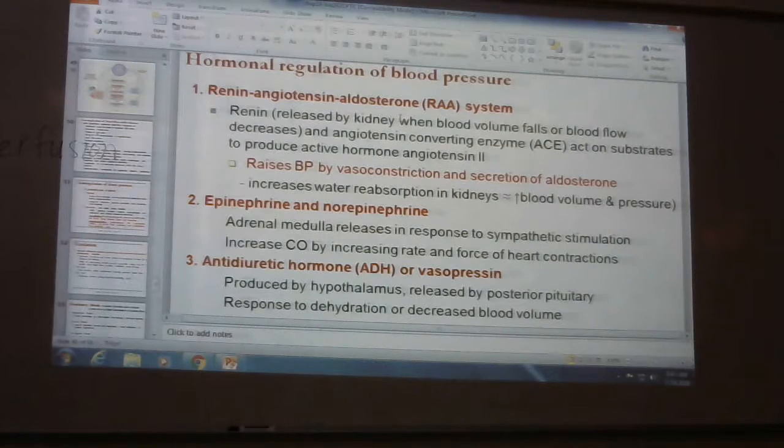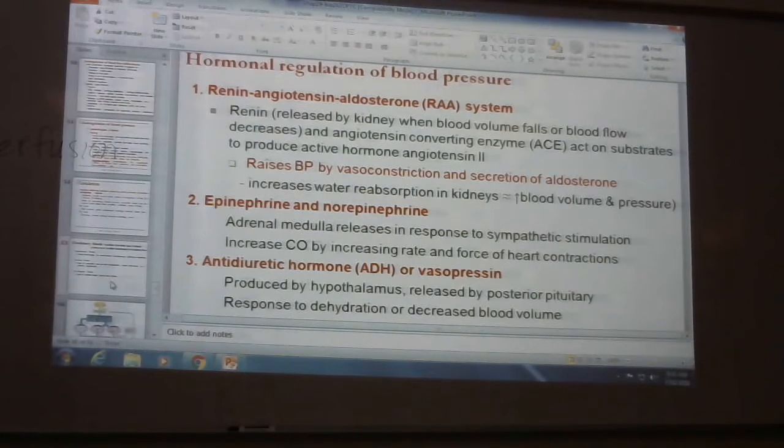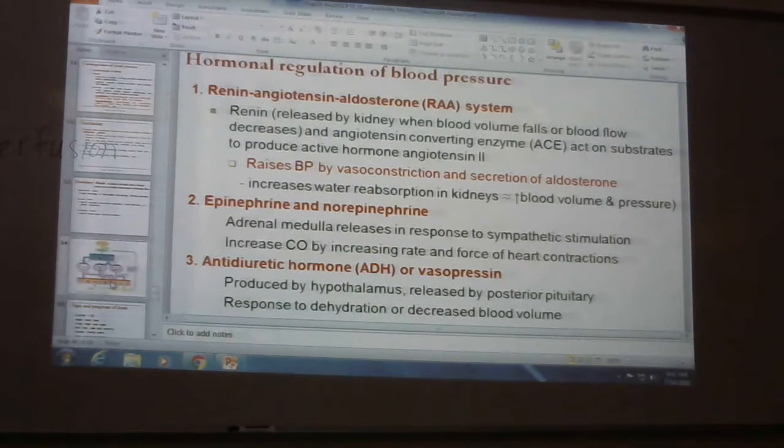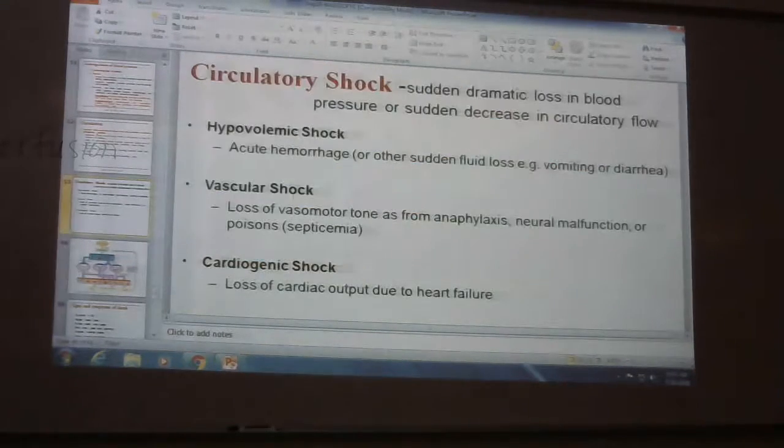You notice that most of the hormones we're talking about, the ultimate effect is it always maintains normal blood pressure. Otherwise, you're going to go into shock.